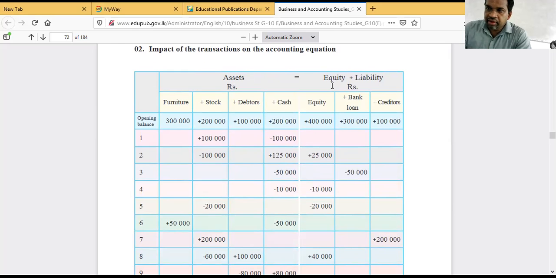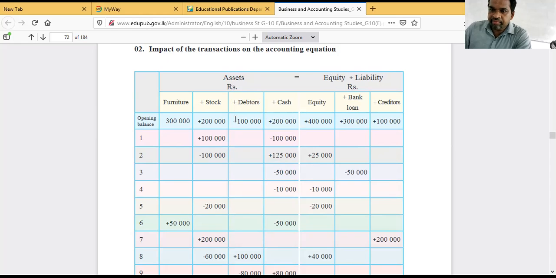In this account equation, we can have only three main changes. Number one, there can be an increase in both sides. That means asset increase, liability increase. Or number two, there can be a decrease in both sides. That means asset side decrease equally, liability side decrease.